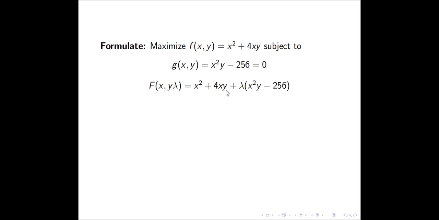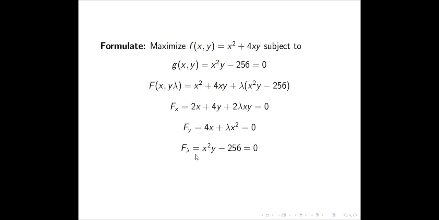This is small f, this is g of x, y. So the rest would be to get the critical points by equating each derivative to 0. Now verify that you'll get the following partial derivatives with respect to x, y, and lambda, and you equate each of them to 0.